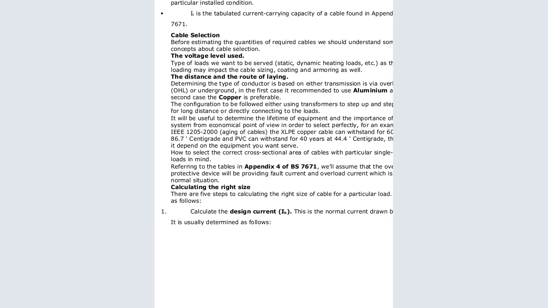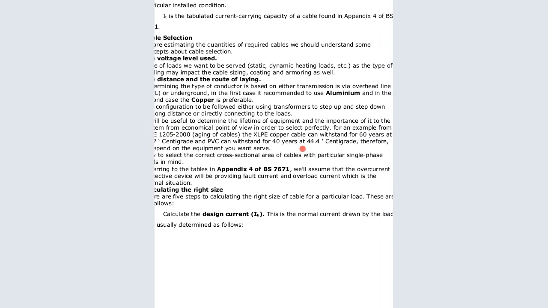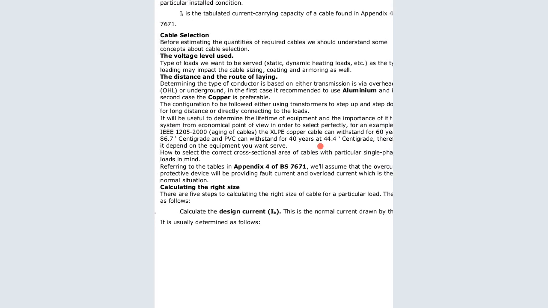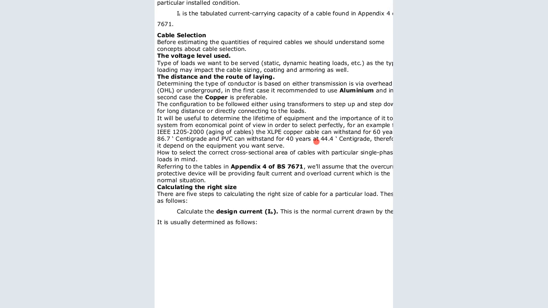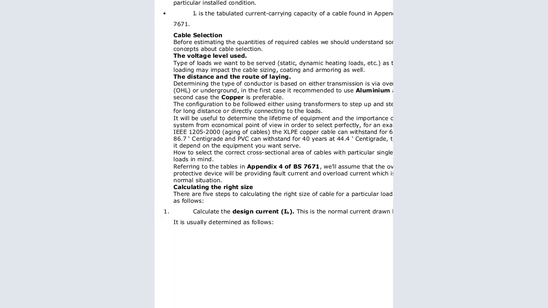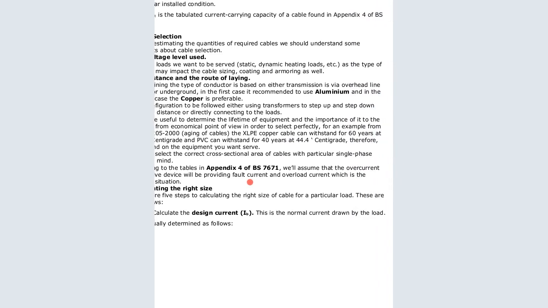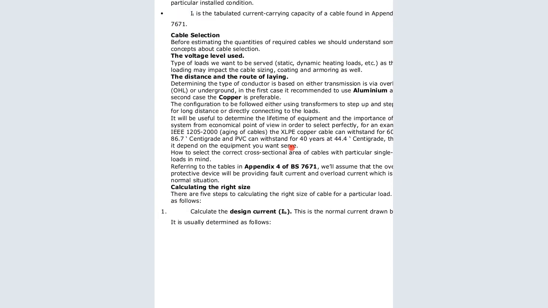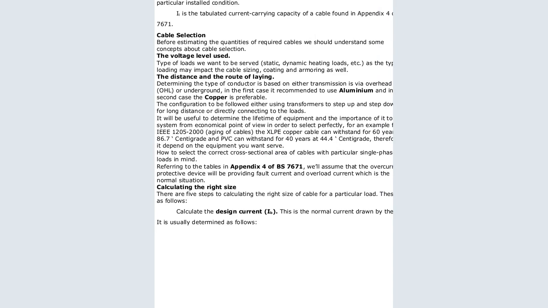And then the configuration to be followed, either using transformers to step up or step down for long distance, or directly connecting for the loads. So it will be useful to determine the lifetime of the equipment and its importance to the system from an economic point of view.